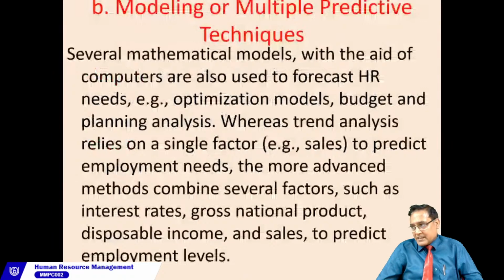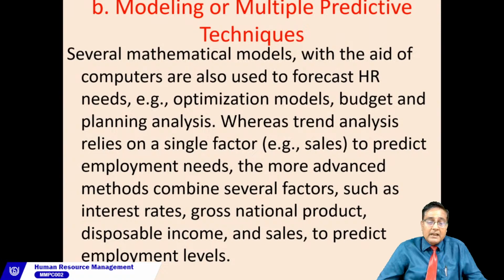Modeling or multiple predictive techniques are also there for forecasting. Several mathematical models, with the aid of computers, are also used to forecast human resource needs, that is, how many persons are required. These are optimization models, budgets and planning analysis. Whereas trend analysis relies on a single factor, that is sales, to predict employment needs, more and more advanced techniques can use other factors as well as disposable income and sales to predict employment levels.